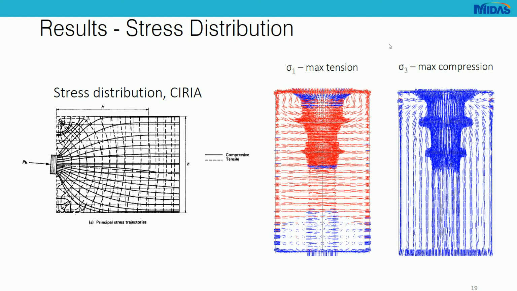As you can see, the sigma 3, so the maximum compressive stresses, match perfectly the solution as per Syria, and the tensile stresses as well. You can see these are the vectors for the stresses. So maximum stress sigma 1 matches the tensile stress here and the compression stress as well.